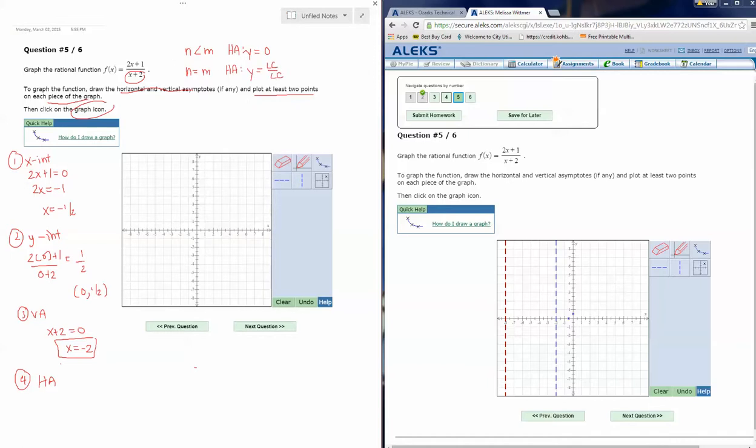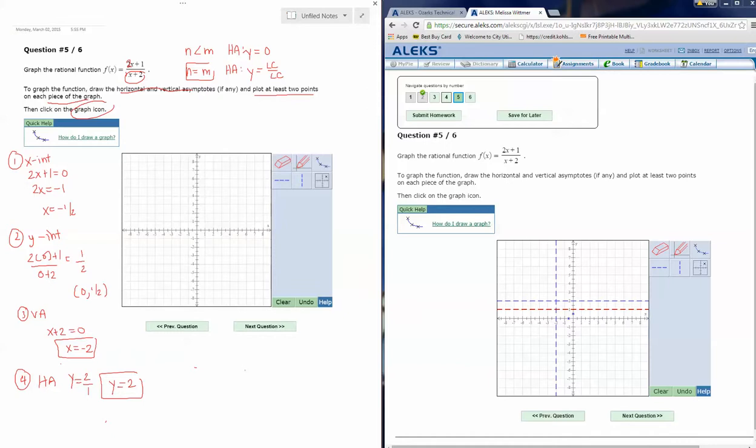So in this case I have x to the first over x to the first. So this is the case where the top power is equal to the bottom power. So my leading coefficients are 2 over 1. So y equals 2 over 1 simplifies to the line y equals 2. So let's plot the horizontal asymptote through 2 on the y-axis.